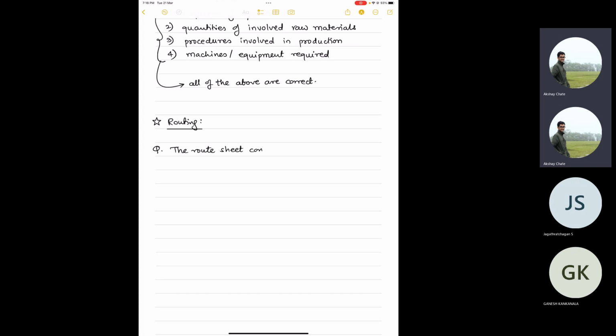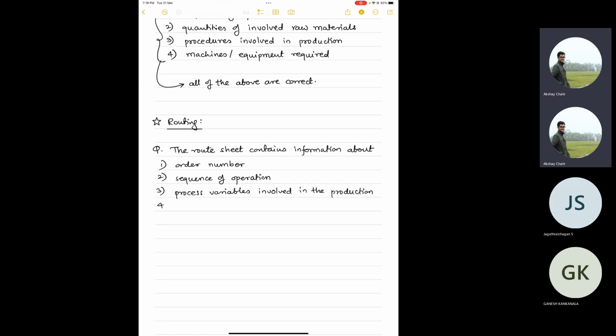The route sheet contains information about: first option is order number, then sequence of operation, then processes, or to be more precise, process variables involved in the production, and the fourth one is list of operations.